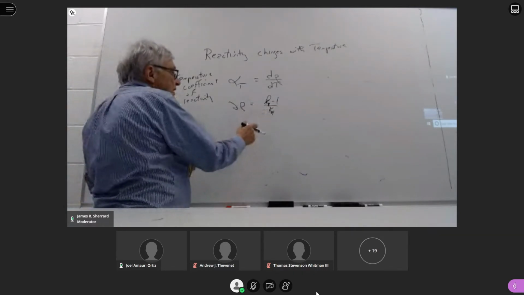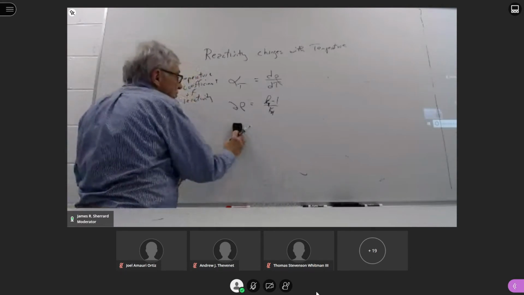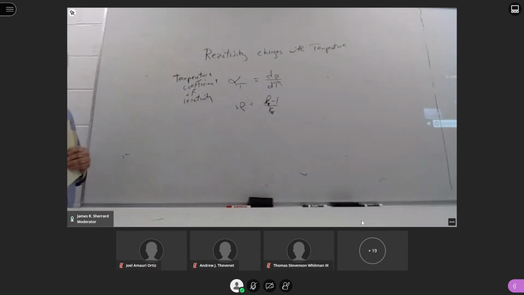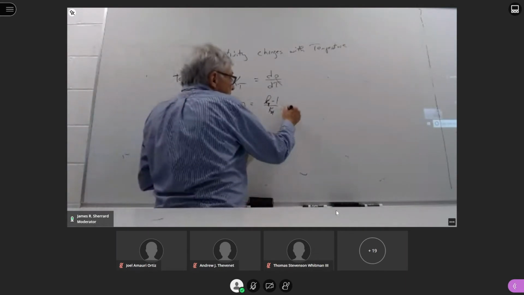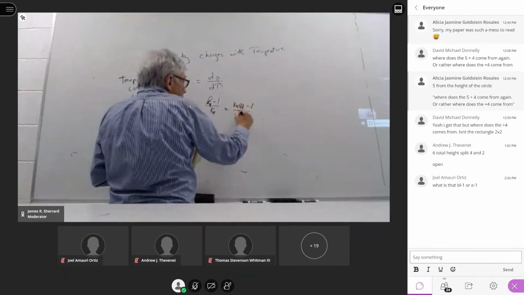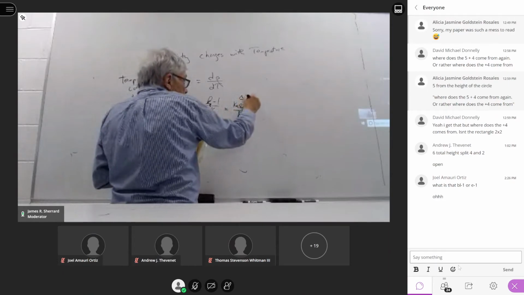What I'm looking at is I'm going to take the rate of change of reactivity. Well, I took the definition of reactivity, which you could make this K effective minus 1 over K effective. But this is delta K effective.